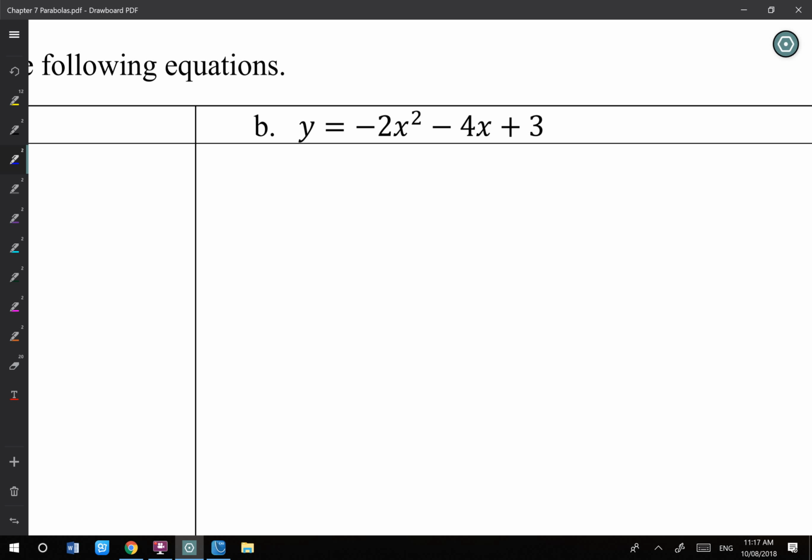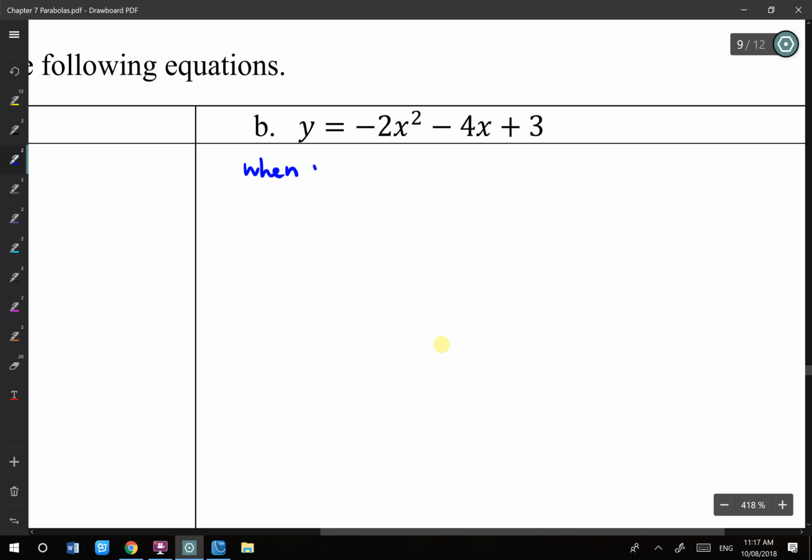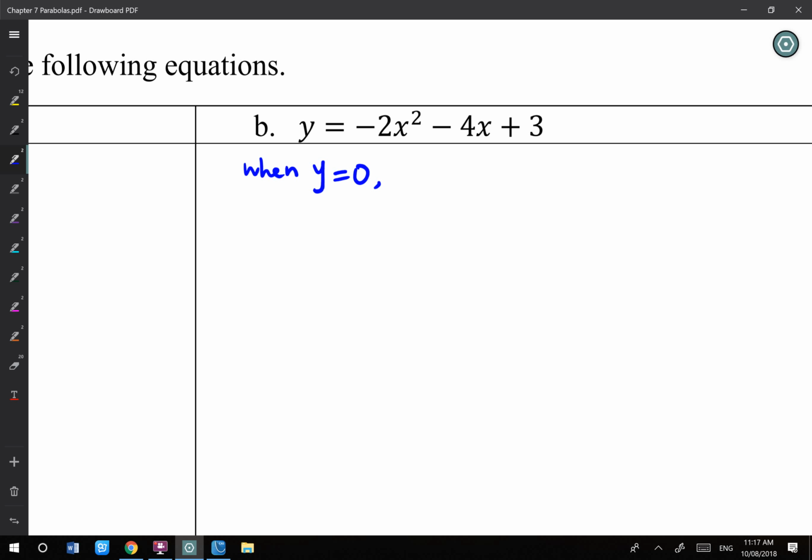Therefore, we still don't want to do completing square. I want to find x-intercept first. So if I just want to find the x-intercept of this function, what we can do is make y equals to 0. Because I don't know how to factorize it, and if I don't complete the square, I still want to solve out the x-intercept.